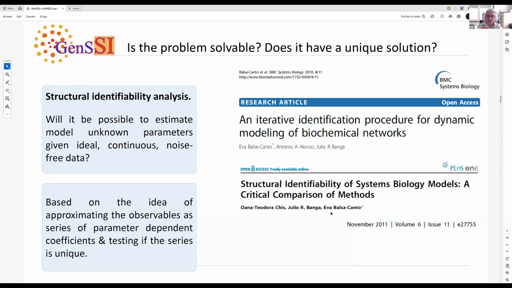So basically, the analysis depends only on the model structure, and the idea is to try to describe or approximate the observables as series of parameters dependent only on the unknown parameters, and testing whether the solution of this series is unique.